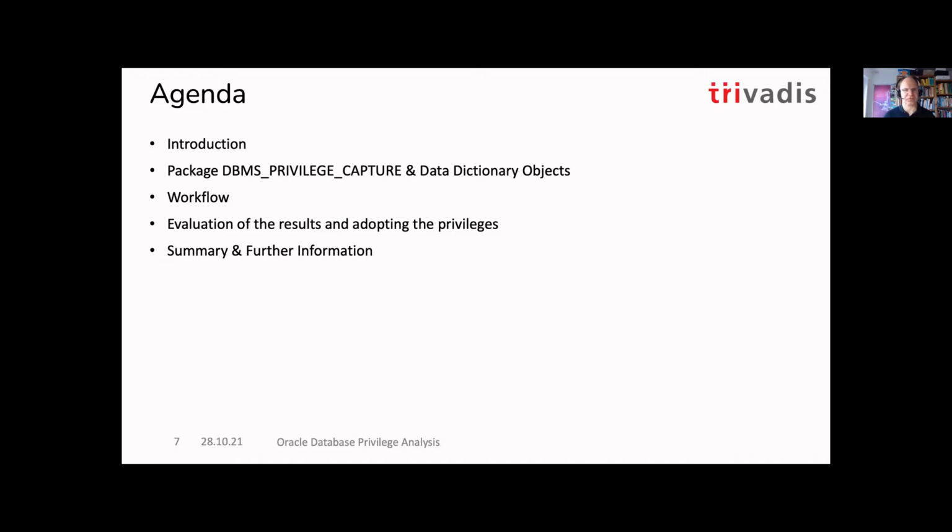We'll take a look at the workflow, how to gather the required privileges, and later on we check how to evaluate results and adapt the privileges according to the analysis. Just grant the privileges which are really needed by the users. And of course, as always, at the end, a summary and some links to further information on this topic.